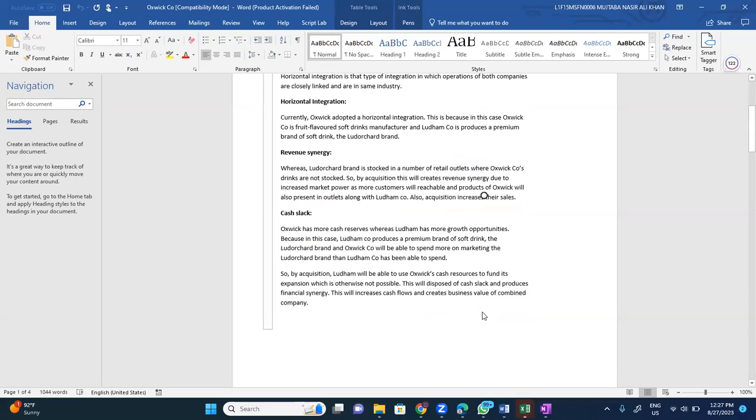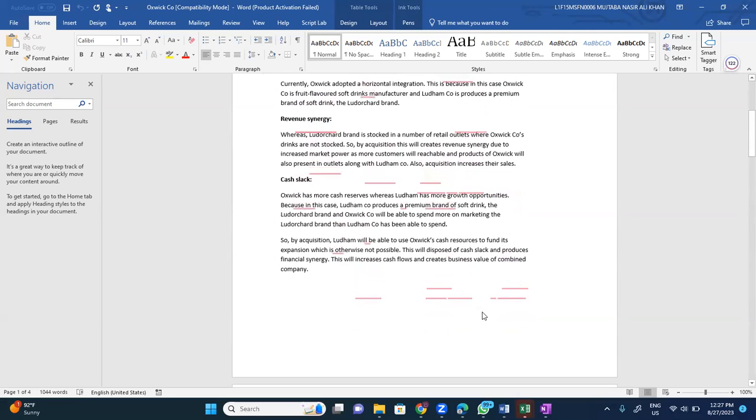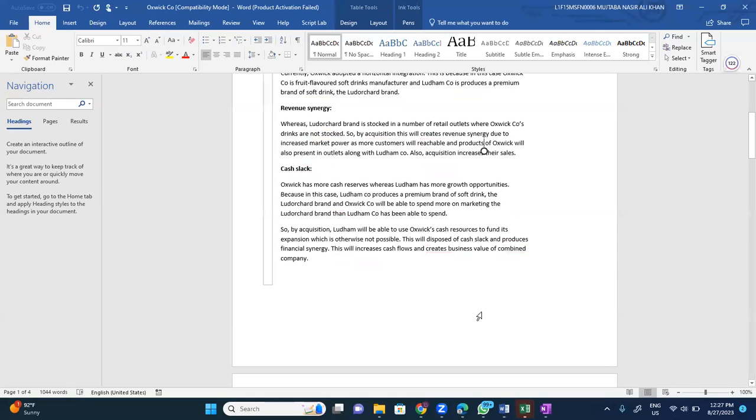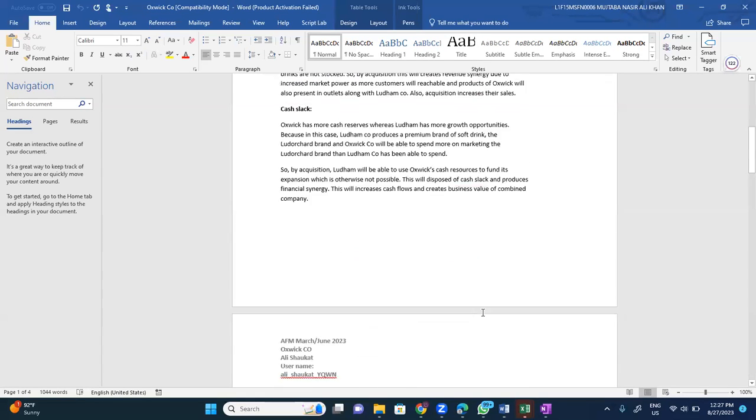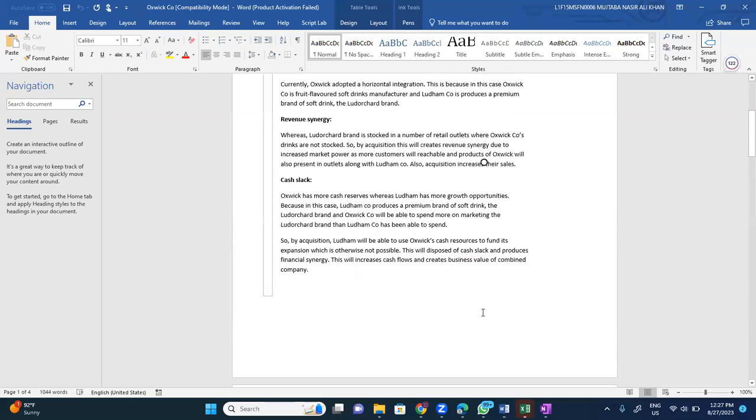More revenue synergy due to increased market power. More cash reserves. It was written that Oxwick has more cash reserves, by the way. Is it written in the question?